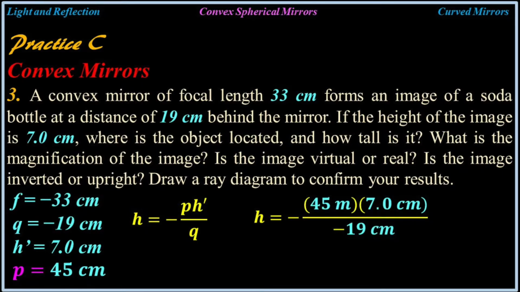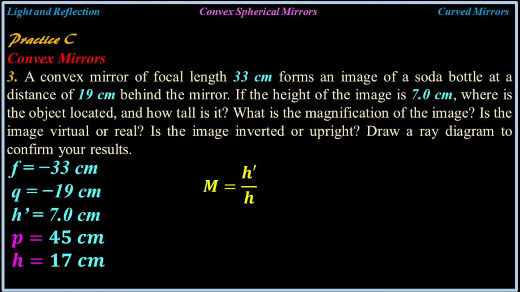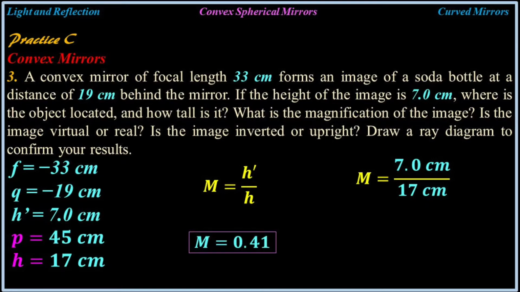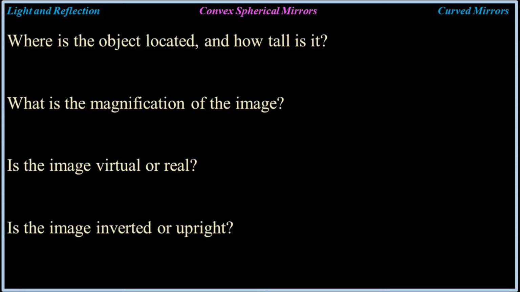And it looks like it's going to be positive. So it's going to be upright, 17 centimeters tall. Now do the magnification. And you see that it's going to be smaller than the original. The image is going to be small, 0.41. And here is the summary.